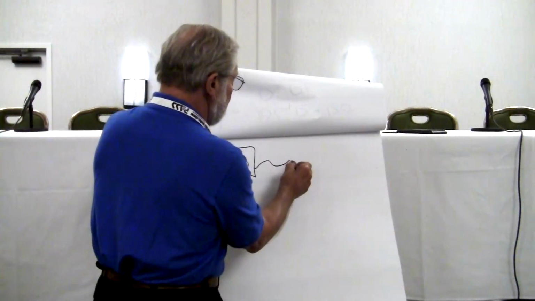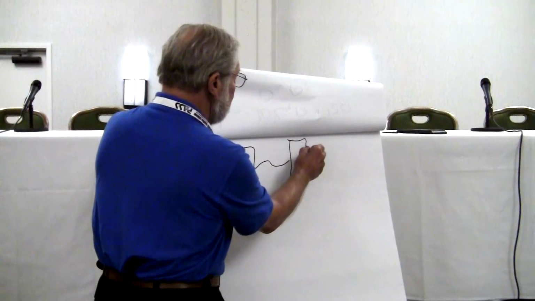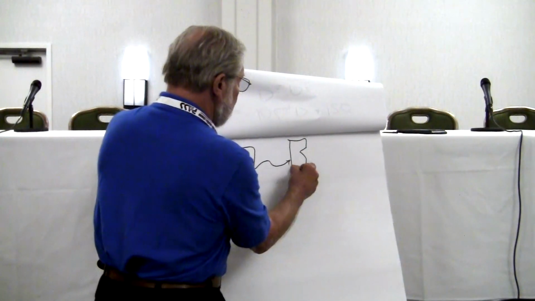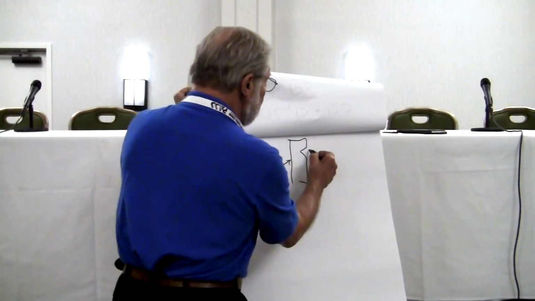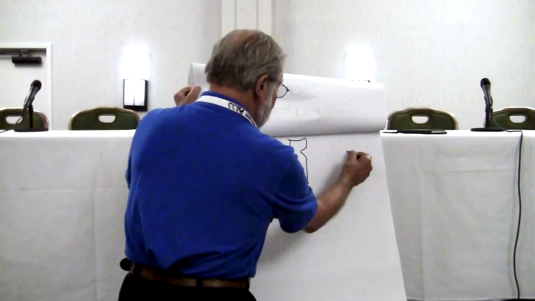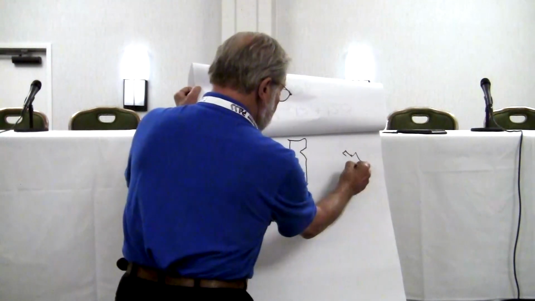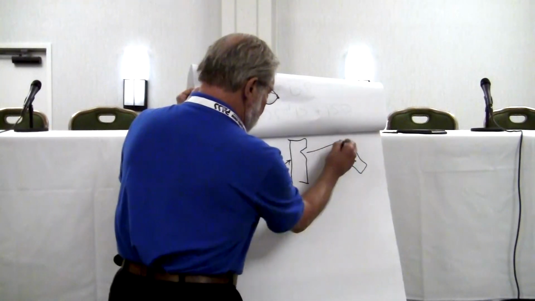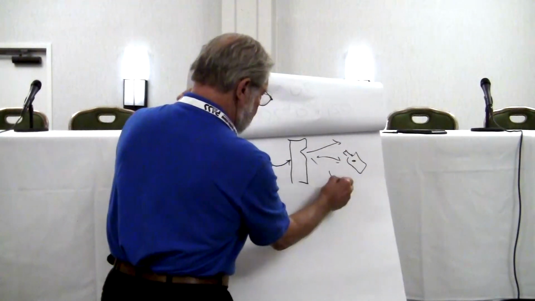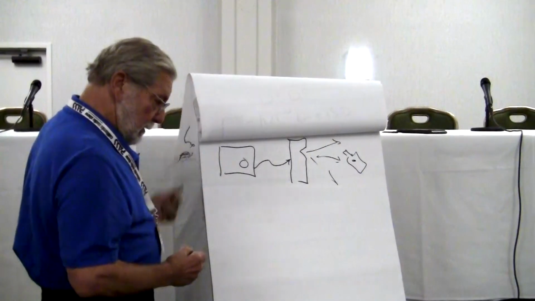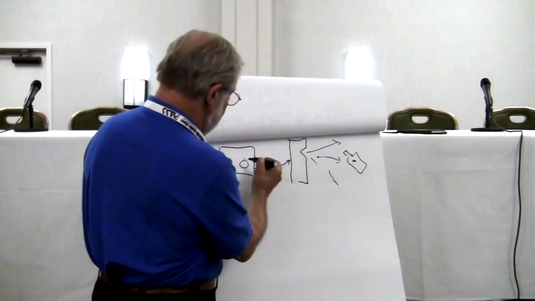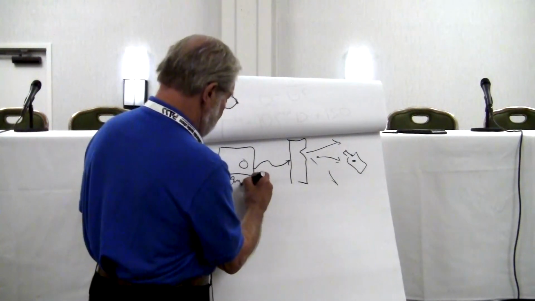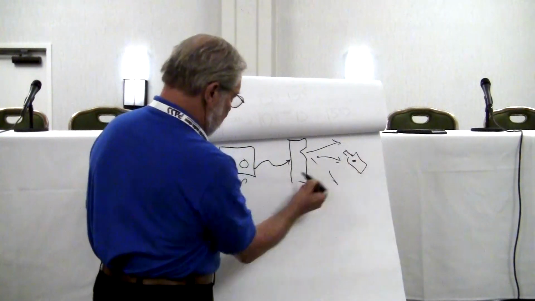It's connected to a speaker and we have a sound meter out here, and we have sound going out in this direction. Okay, so what we have here is an amp, speaker, sound meter.